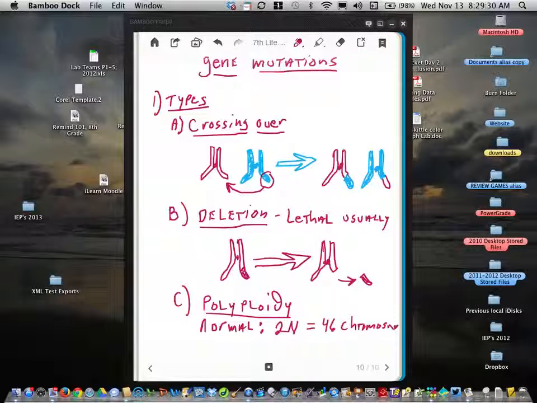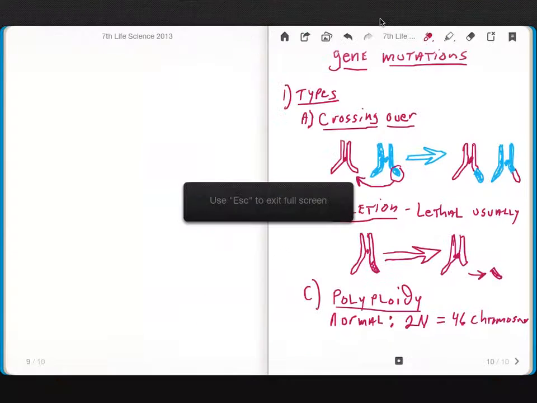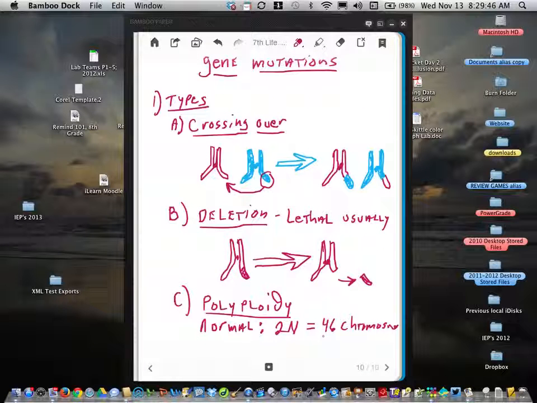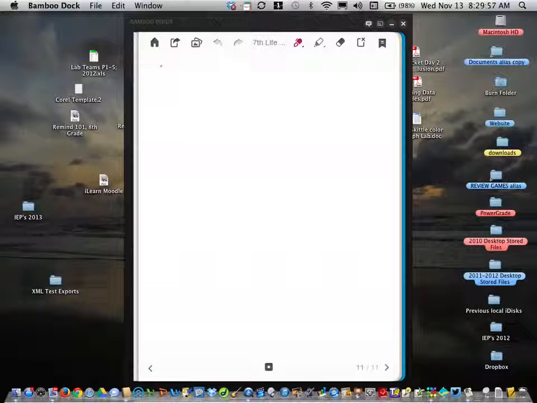Well, there's another situation where you have triploidy, and that's 3n, or 3 times the normal amount, and tetraploidy, which is 4 times the normal amount.